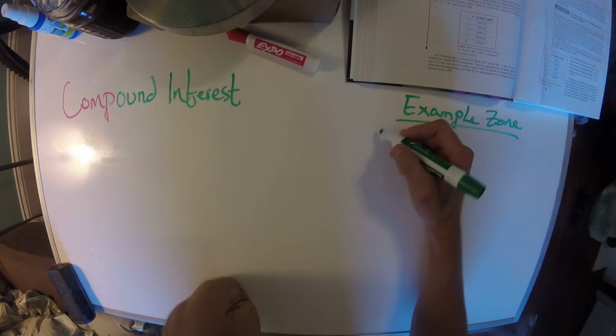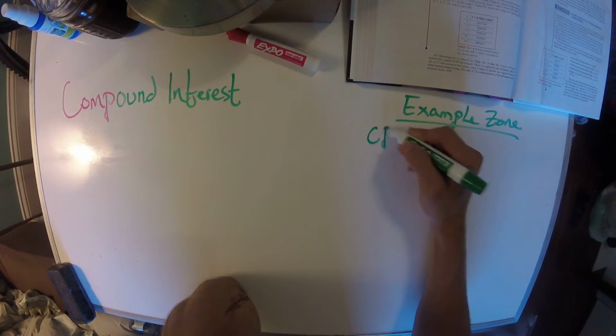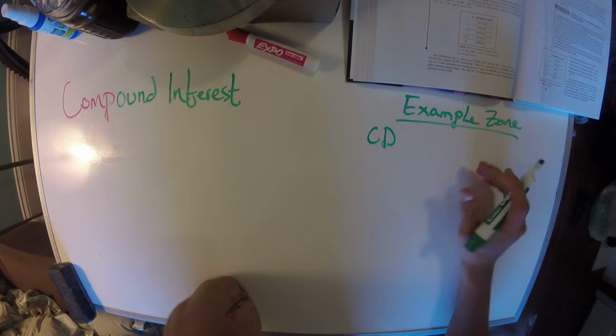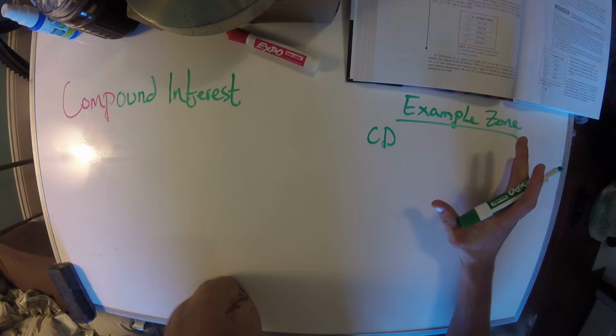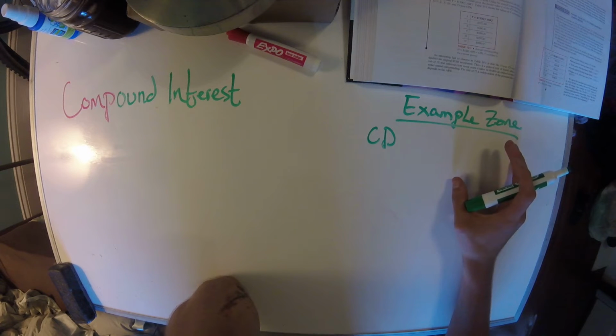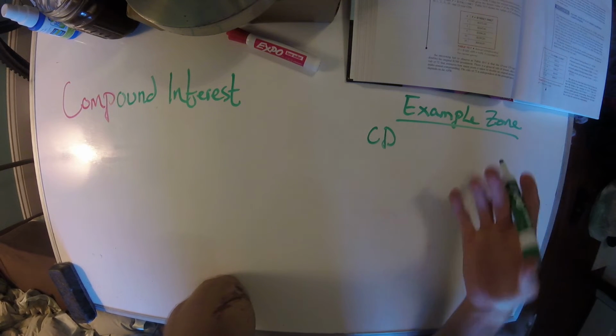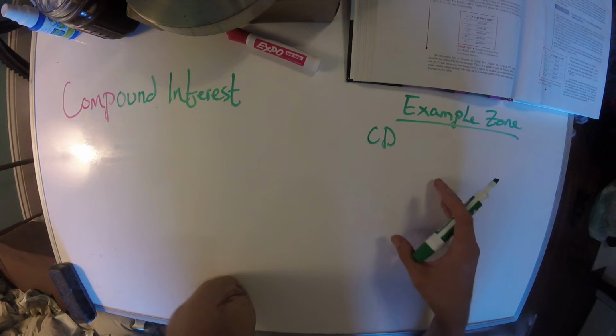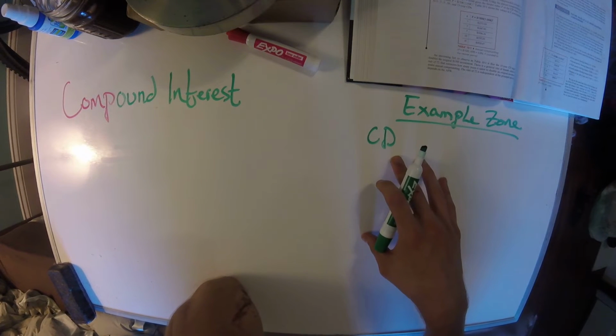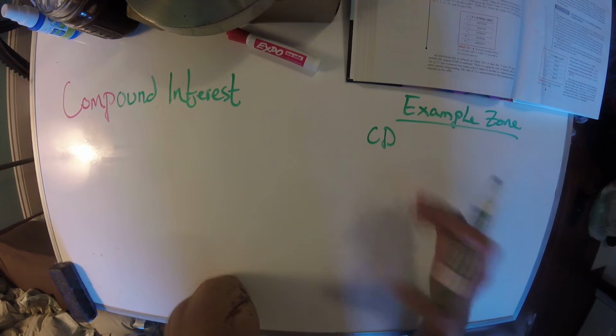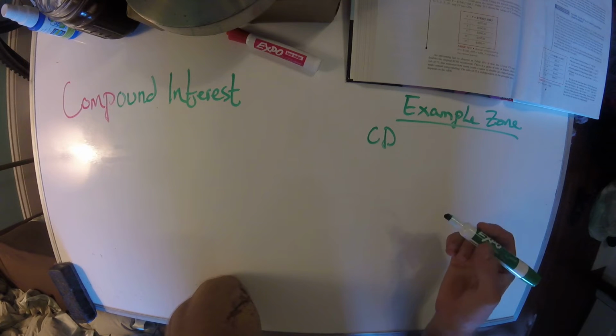And this example is a certificate of deposit, a CD, which is kind of like this mix of an ordinary savings account and a bond, where you can lend money to a bank or a credit union, and then interest will be paid on it to you in the form of compound interest.